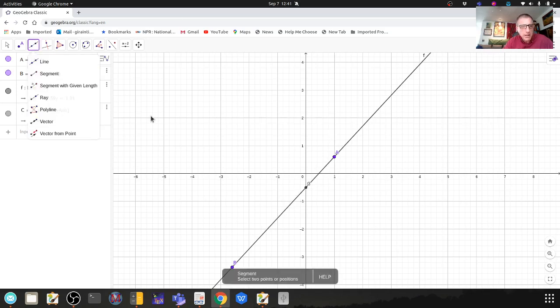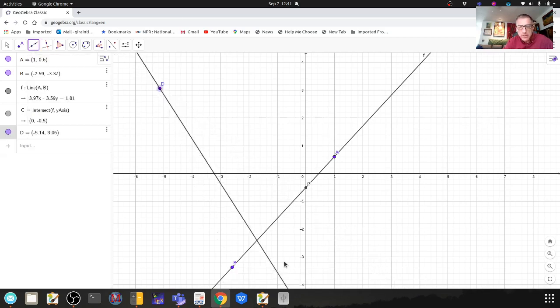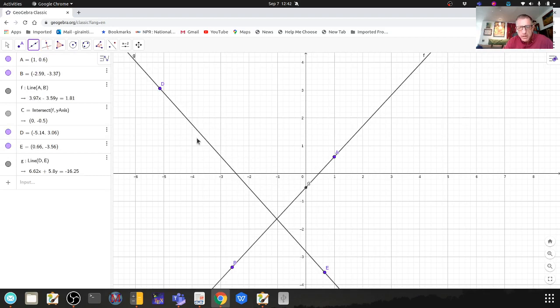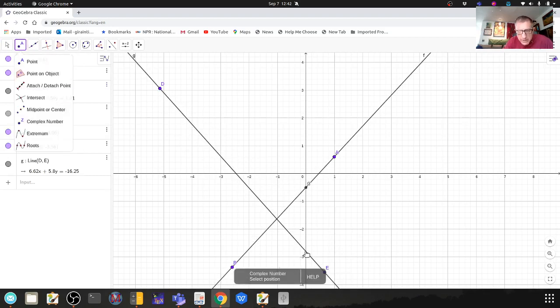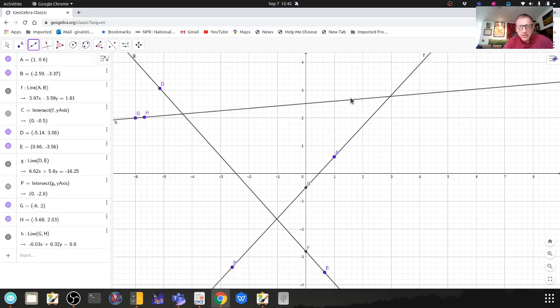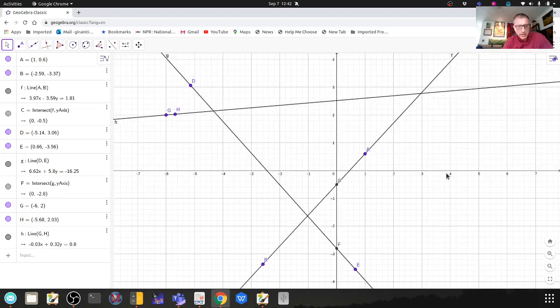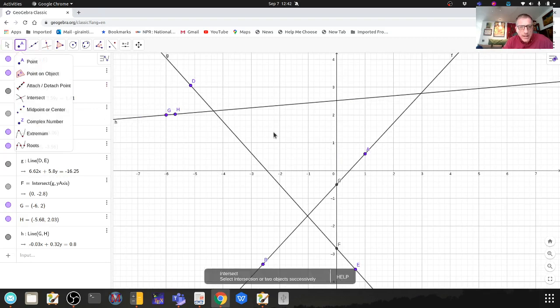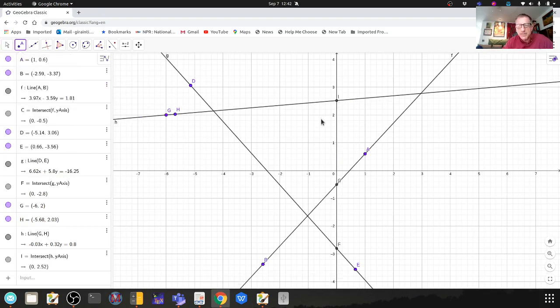Let's draw another line. This line also crosses the y-axis right there. Let's draw another line. That line crosses the y-axis right there.